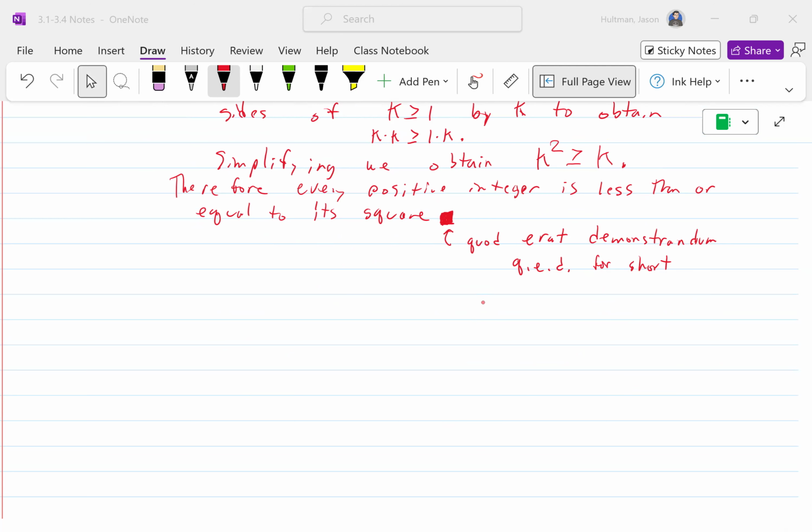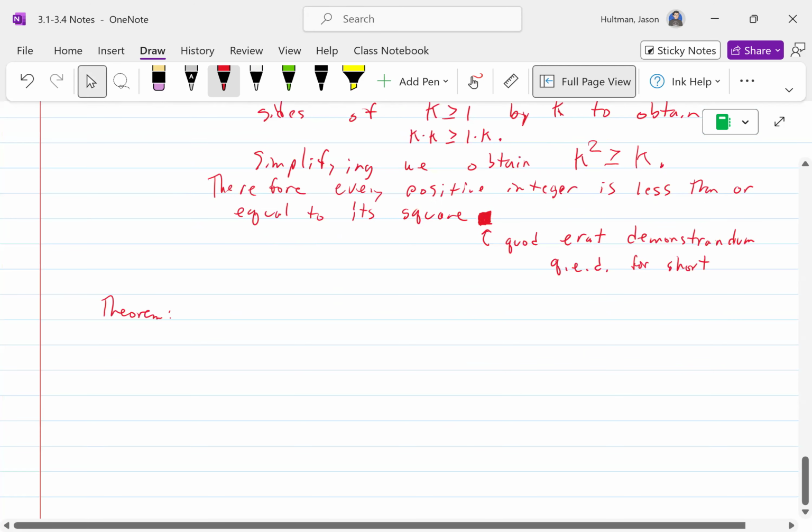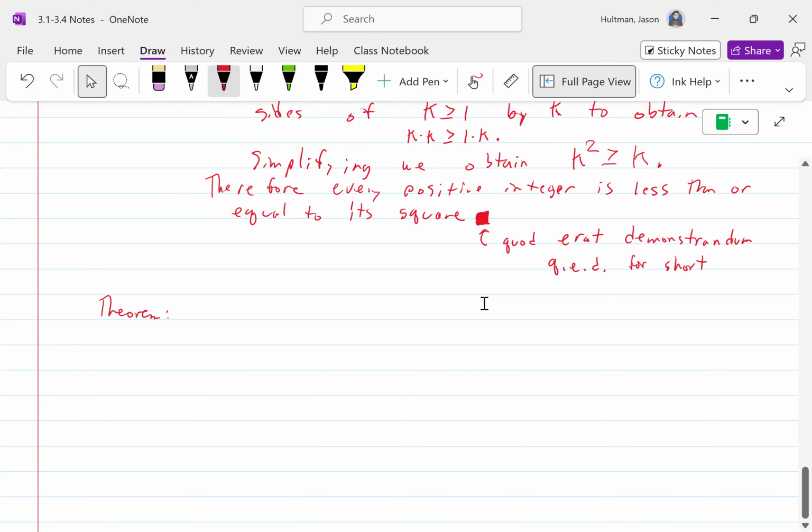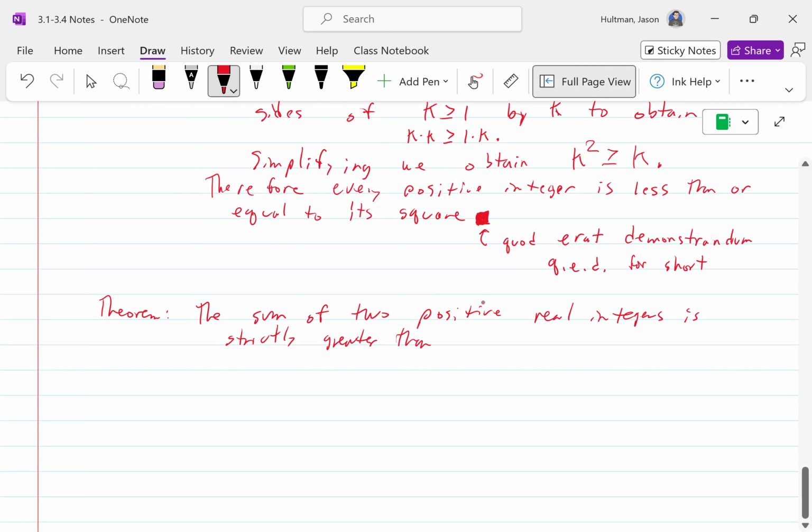Okay. Theorem. The sum of two positive real numbers is strictly greater than the average of the two numbers.